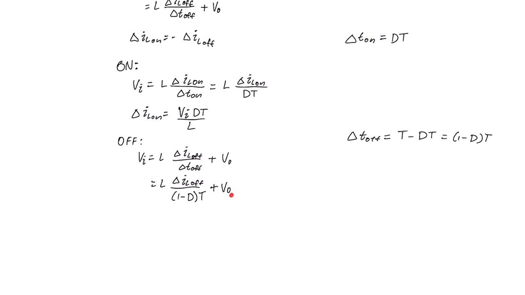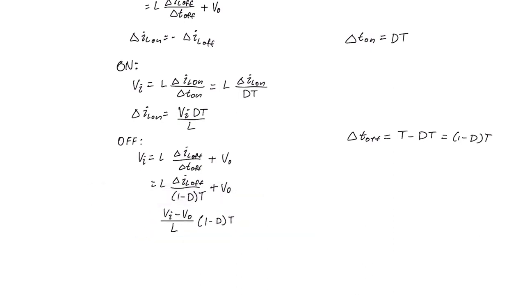So if we move VO over to the other side, we would get VI minus VO. And if we now divide by L on both sides first, and then multiply by 1 minus d times T, this should be equal to the expression that we want, right?